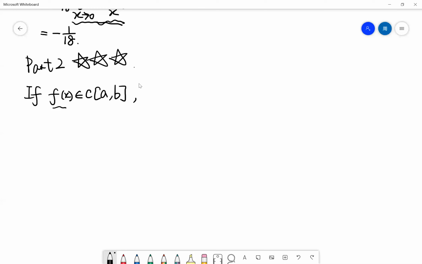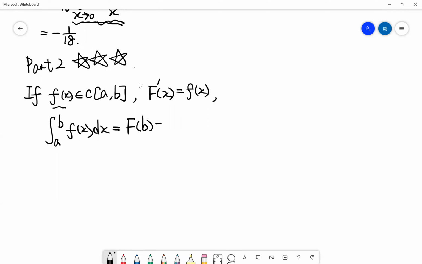So here I will write, you can find one antiderivative of the function f of x. Then, if we want to calculate the definite integral from a to b, f of x dx, that equals capital F of b minus capital F of a.